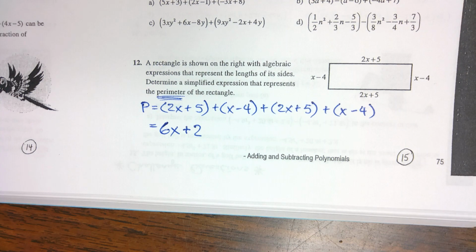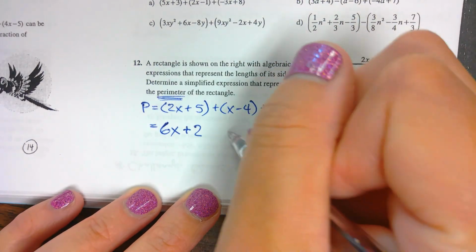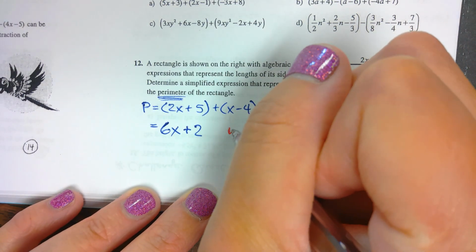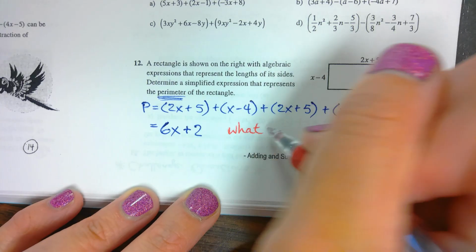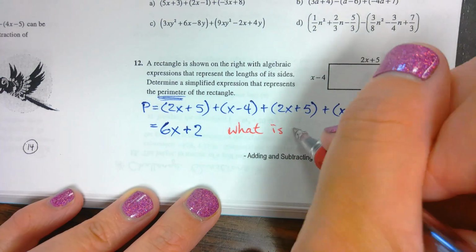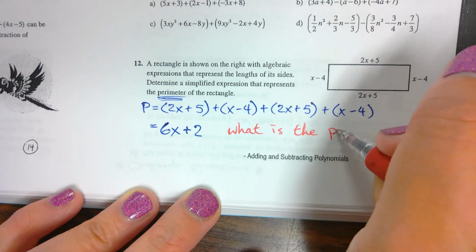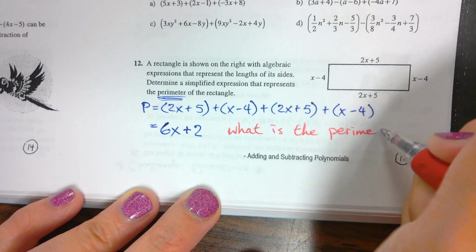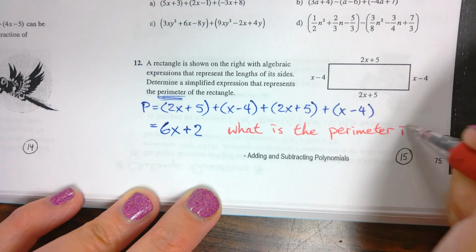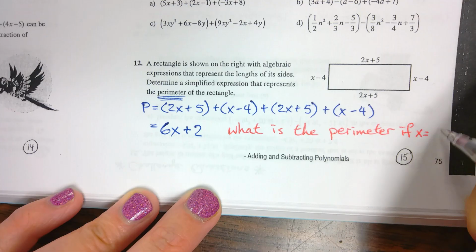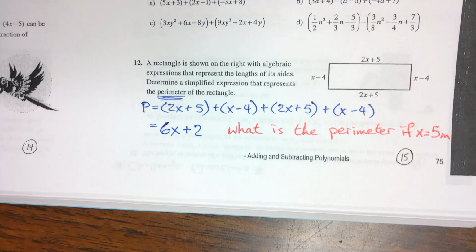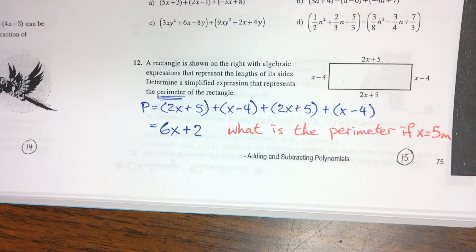Okay. So now let's just say I add on a second part. Evaluate. What is the perimeter if x equals 5 meters? Okay, Derek?